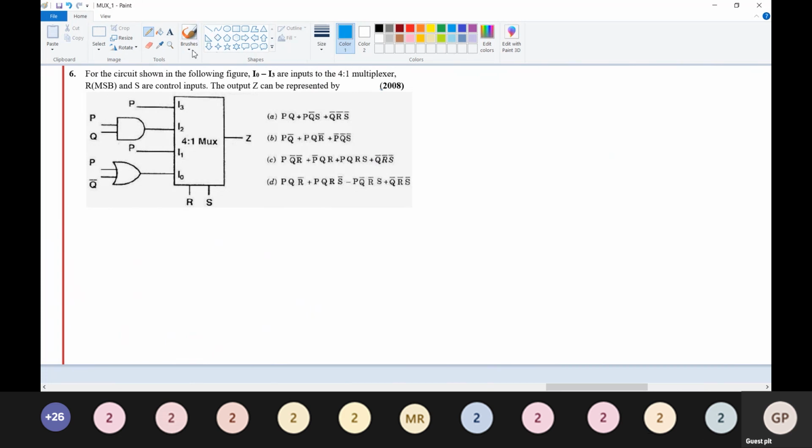So similarly, like with the previous problem, we will solve this. First, we will write the general expression for the 4 is to 1 mux.